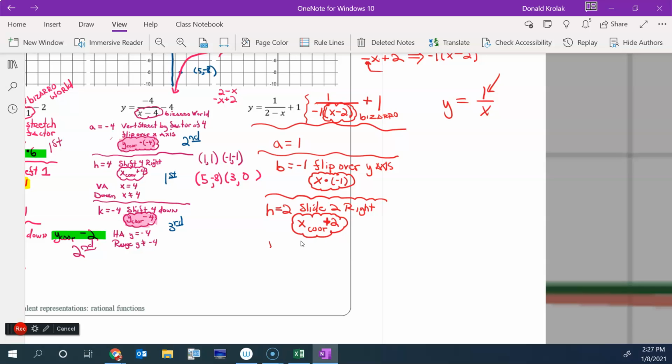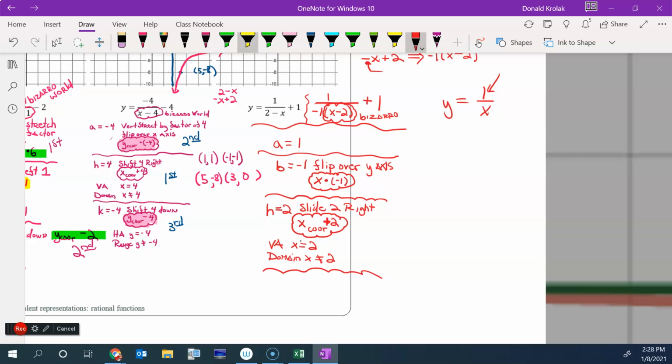And now that gives me my vertical asymptote. My domain. Now, if you look at these last two, they had something to do with the x's. So when I get ready to do these in a minute, the one that uses multiplication gets done first. It gets done before this one.